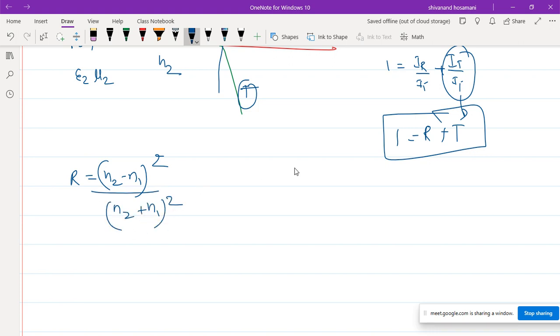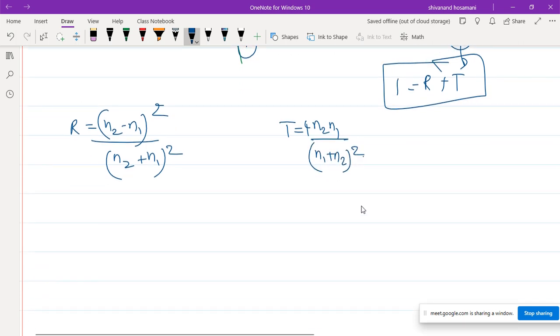Here we have the transmission coefficient as 4 times n2 n1 divided by n1 plus n2 whole square. But the refractive index can also be defined as n equal to root over k. We write n is equal to root over k, right?